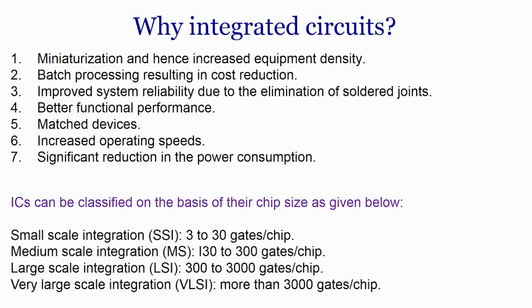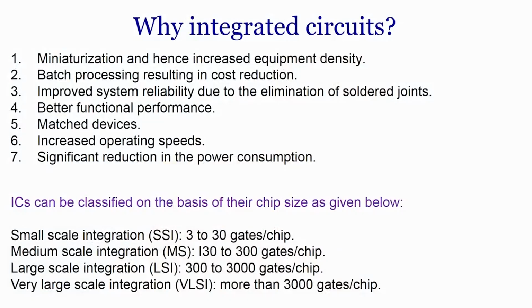If it is 300 to 3000 gates per chip, it is called large scale integration or LSI, and finally, if it is more than 3000, then we call it very large scale integration. Now, these are basic, okay, there are ultra large scale and more, but let us not get confused. We see the basic ones which are repeating: small scale integration, medium scale integration, large scale integration, and very large scale integration.